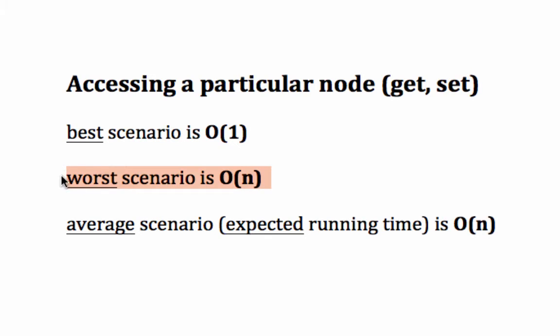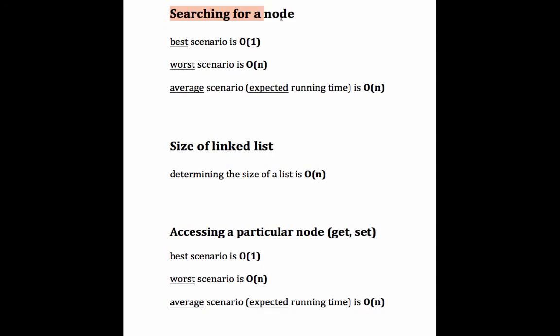So the worst scenario will be, again, we have to traverse the entire list or almost the entire list. The best scenario is independent of the size of the data, because we know again where the first node is. But the expected running time, the average running time of this operation, will be O(n). So you see how the search operation has the same performance values as get and set, because get and set are a search in disguise.